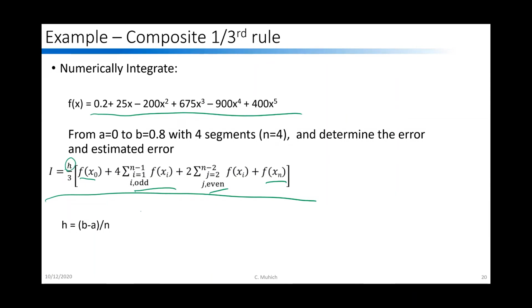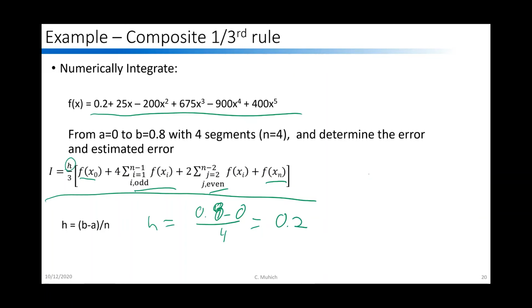In this case, my h is going to be 0.8 minus 0 over 4, giving me 0.2.